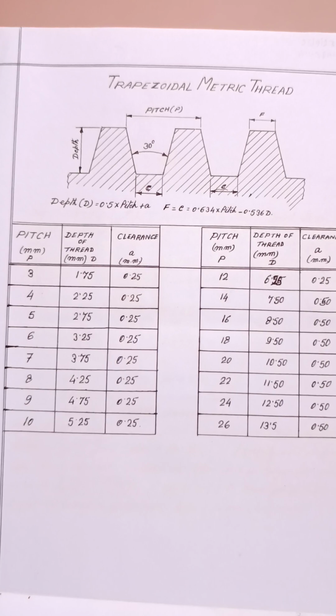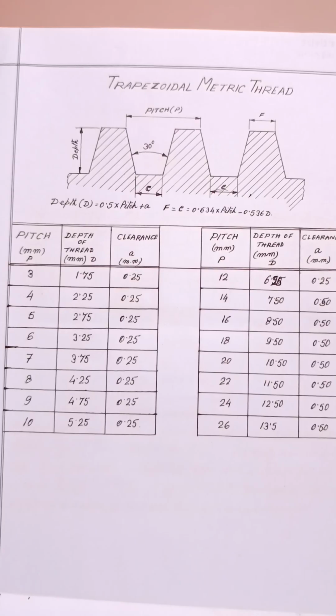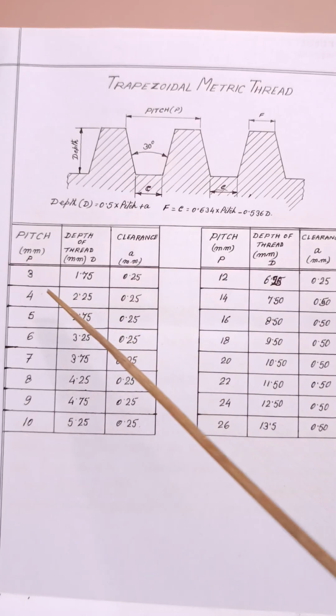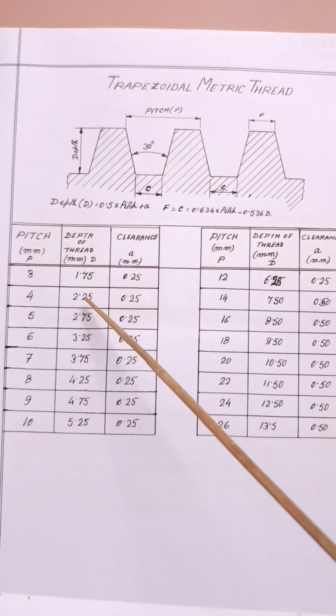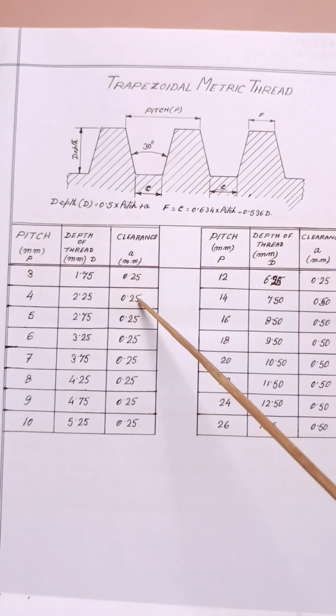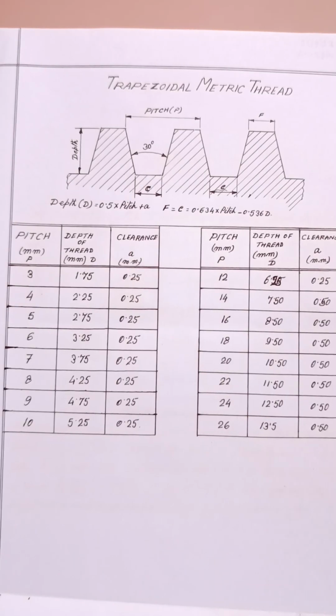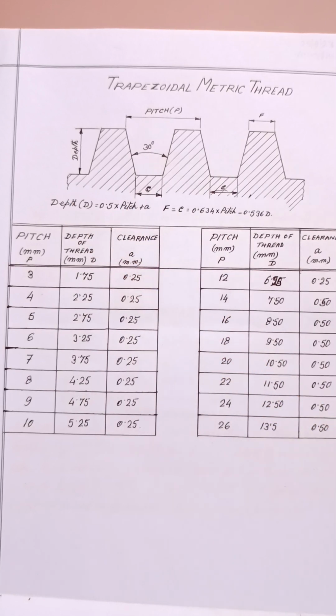And if you want to make a thread beyond this, say with a 4.5 millimeter pitch. Here, if 4 millimeter is the pitch, then the depth of the thread will be this much and the clearance this much. But if you calculate for 4.5 pitch, then in this formula we put 4.5 in place of pitch, plus a.